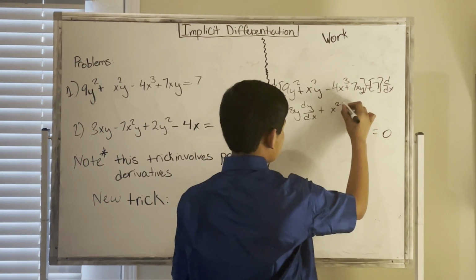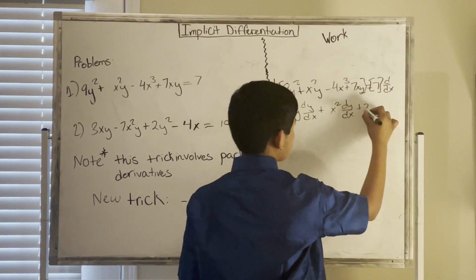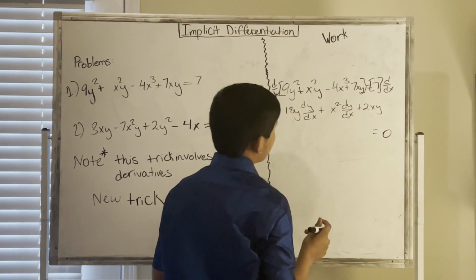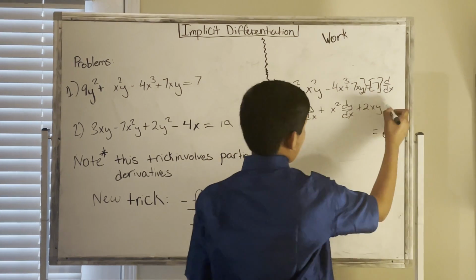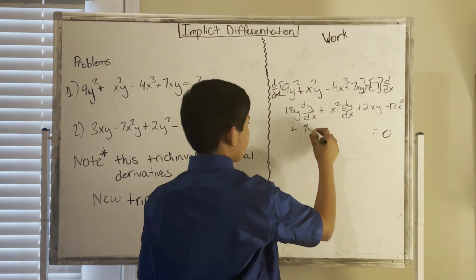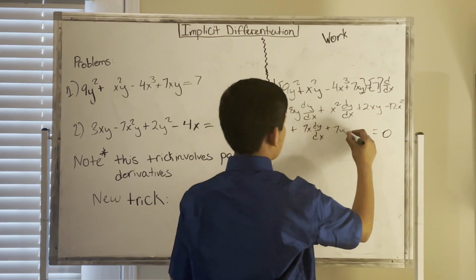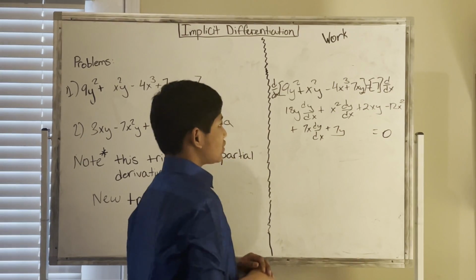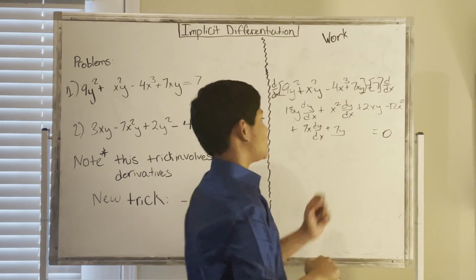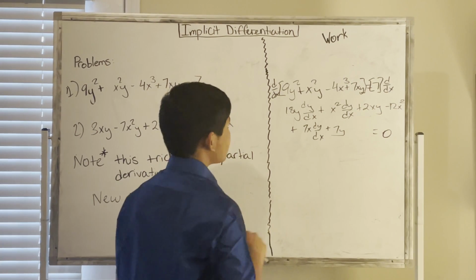So we have x squared dy over dx plus 2xy and minus 12x squared plus 7x dy over dx plus 7y. So this essentially is just going to be the whole equation, which we have to do some algebraic computation now to solve. So let's just check it.